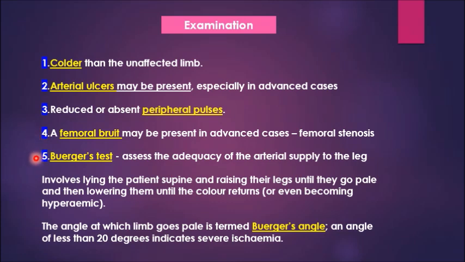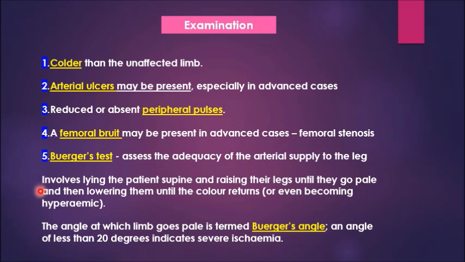And the Buerger's test may become positive. This assesses the adequacy of the arterial supply to the leg. This test involves lying the patient supine and raising the leg until it goes pale, normally up to 45 degrees.